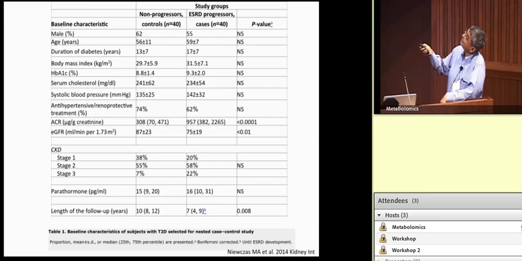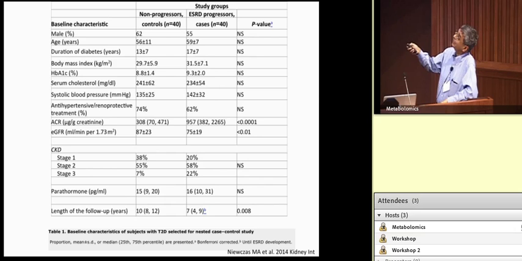The only two things that were significant were the amount of protein in the urine, where people that ended up progressing had more, which we talked about as a well-known marker for progression, and the initial kidney function, estimated glomerular filtration rate, which is sort of like a percentage of how well your kidney is working. Even though they're relatively normal, with GFRs of around 85 and 90, there is still a difference between the two. These are the only two variables that are different.